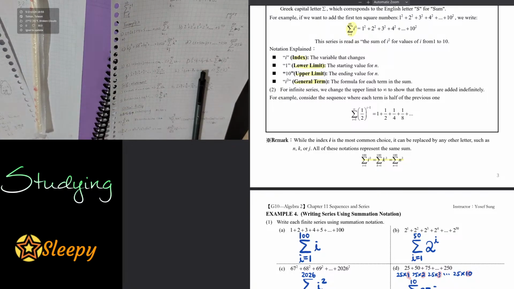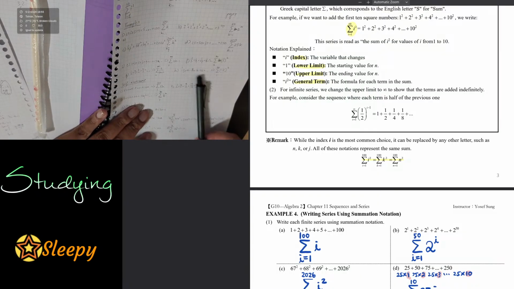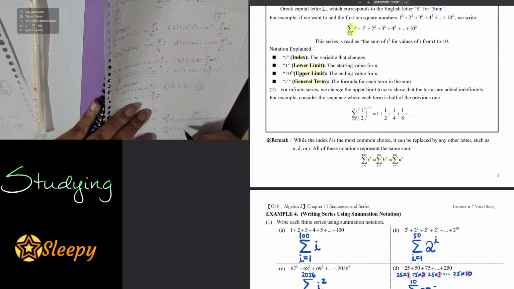So it's 3 squared minus 1 plus, right? 4 squared.